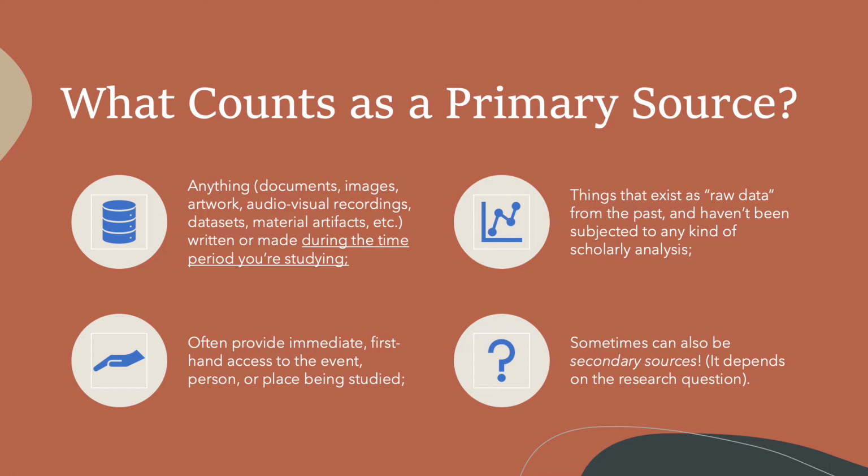So one of the things that you might be wondering is, what exactly is a primary source? There is some unnecessary confusion about this in some corners of academia. Sometimes you read lists where people try to differentiate primary versus secondary sources on the basis of what kind of source that you're dealing with.